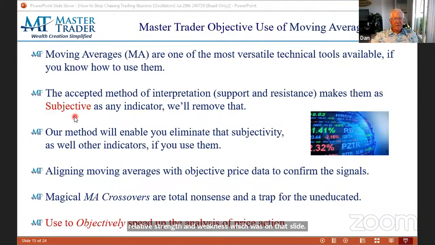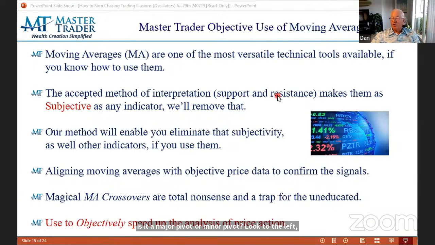So the subjective people, just like the trend line that Greg talked about, think that price magically coming to a moving average is objective support or resistance. And that's incorrect. Objective support and resistance is our pivot analysis. Is it a major pivot or minor pivot? Look to the left, and that's objective.